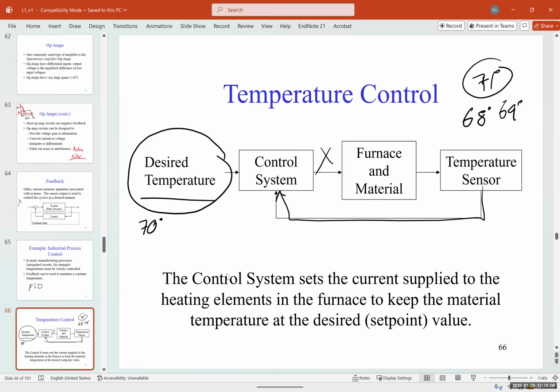And newer thermostats, I don't know if some of you may have the Nest or Ecobee at your home, what they call smart thermostats, they also have a motion sensor in them. What they do is if they detect that there's no movement in the house, they would automatically drop the temperature.